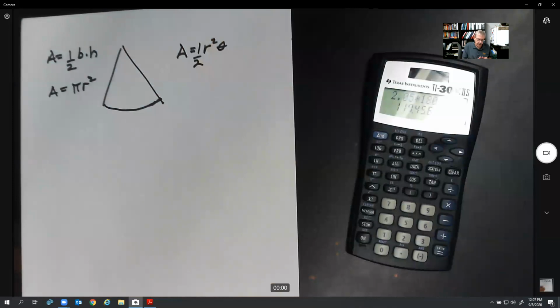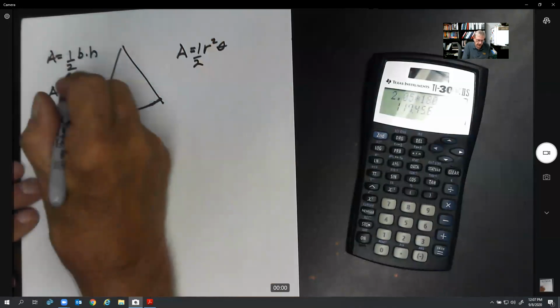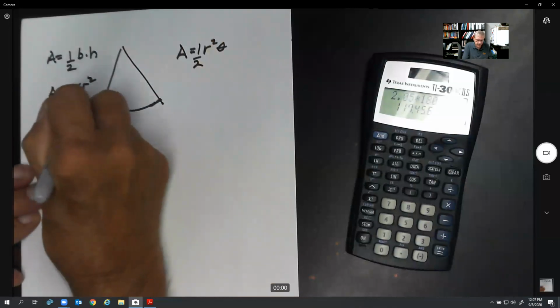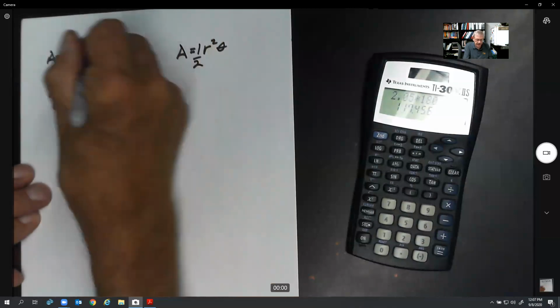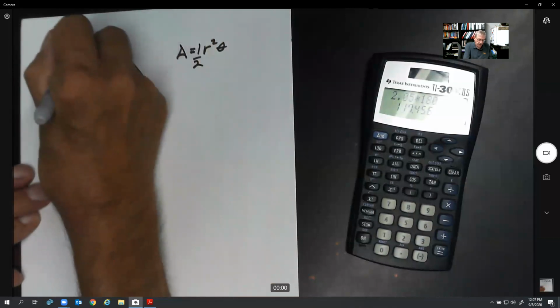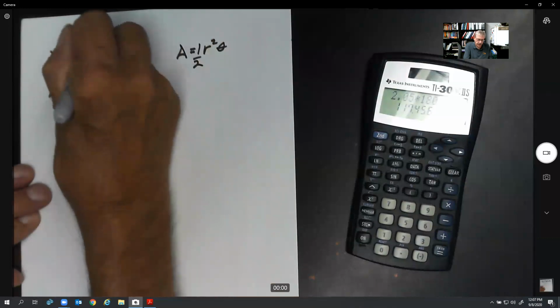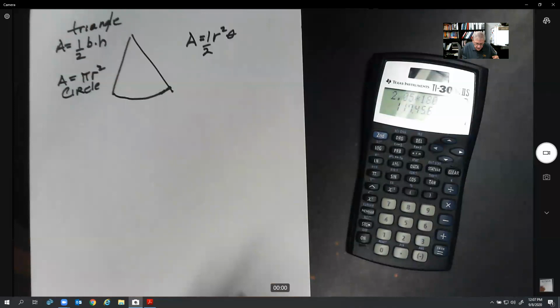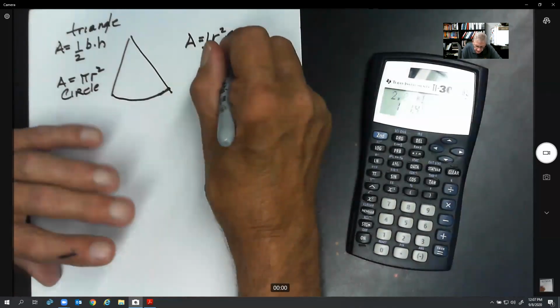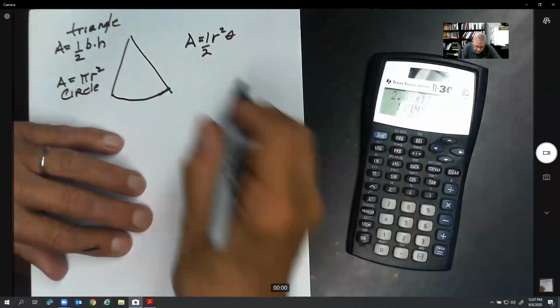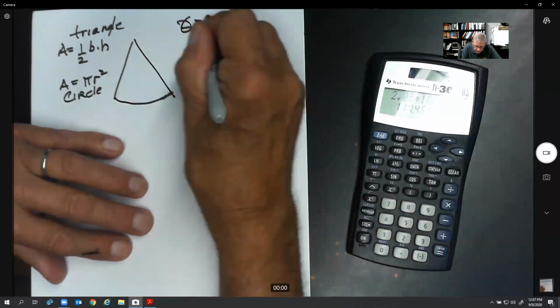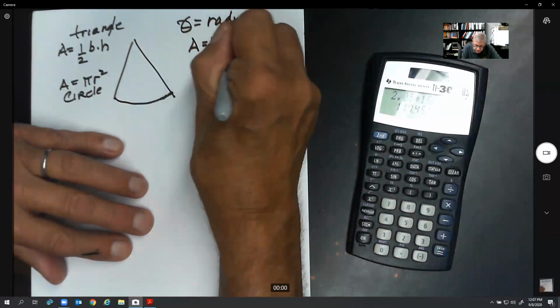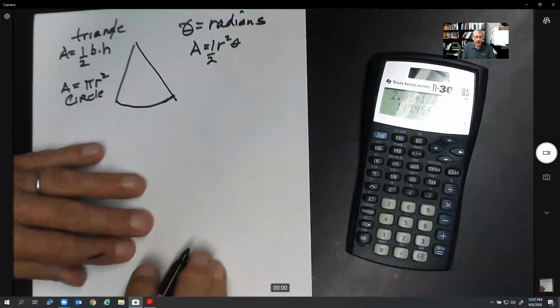We can work out this formula, but we're just going to take the book's word for it. So again, on all these problems, theta has to be in radians. Very important, it has to be in radians.